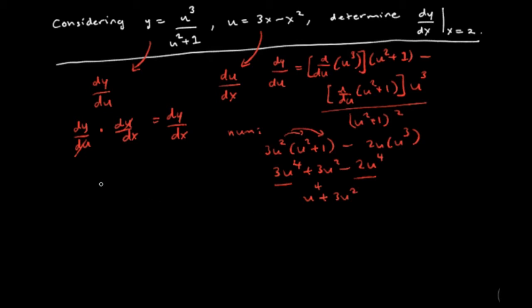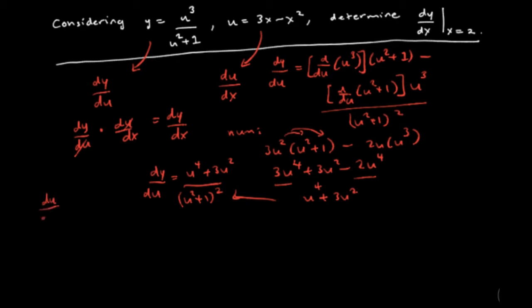So basically dy with respect to du is equal to u to the power 4 plus 3u squared over u squared plus 1 squared. Okay, so that's what the derivative of y with respect to u is.